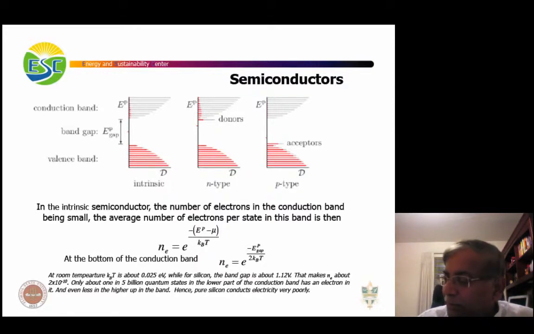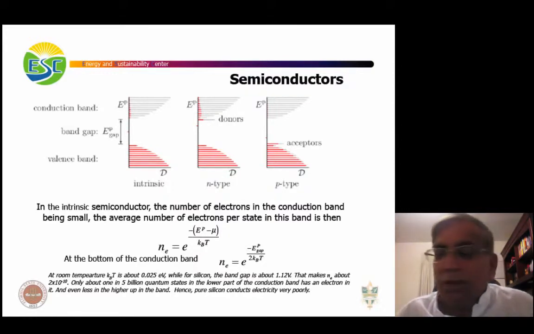The number of electrons per state is given by this expression here, where T is the absolute temperature, kB is the Boltzmann constant, and this is the chemical potential. For an intrinsic semiconductor, as represented here, the Fermi level is about in the middle of the band gap.